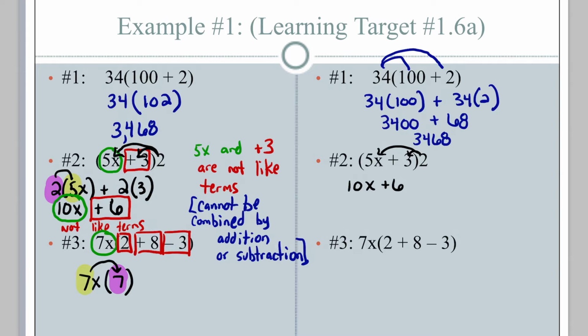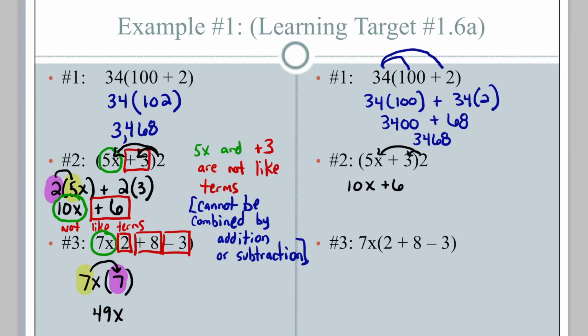I multiplied those two by each other, bringing the x along for the ride, and 7 times 7 is 49. And then the x continues to be a variable placeholder until I want to substitute in a value for it. And so 49x is the simplified expression.